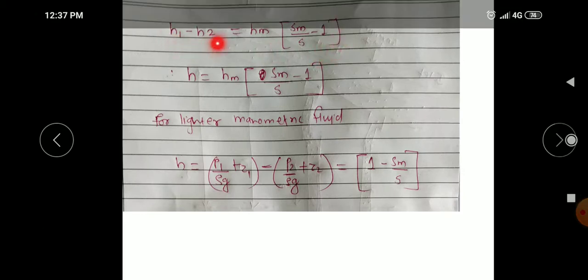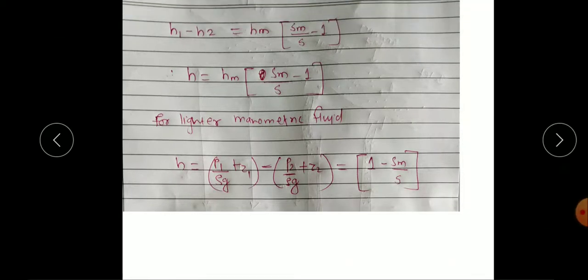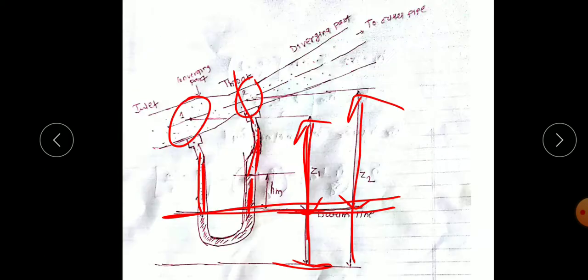This H1 minus H2 is the pressure head between the inlet and throat, so we get h in terms of the manometric fluid. We get the same formula for the inclined venturimeter also, whether connected to an inclined pipe or a vertical pipe.